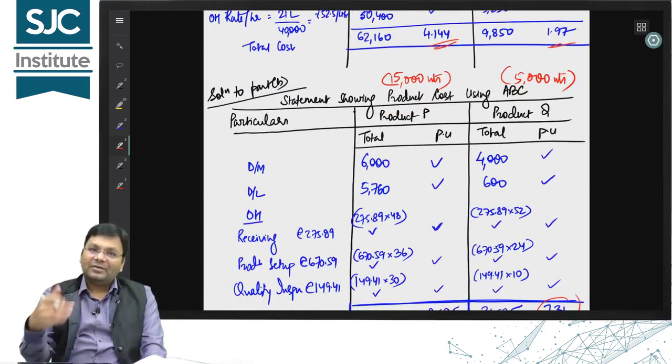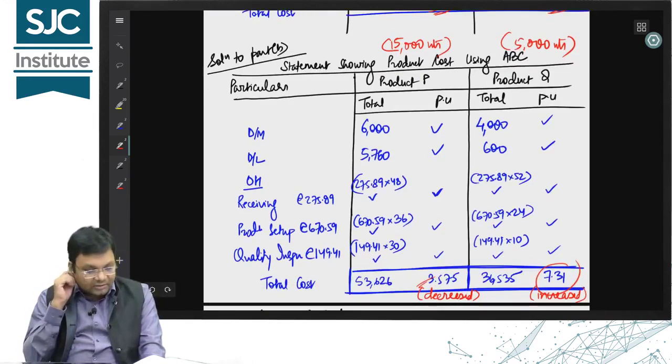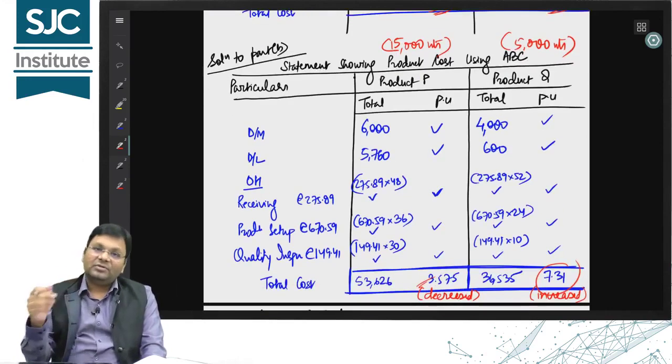When analyze the cost is given, you will say that product P's cost has decreased but Q's cost has increased. This is because P may be using lesser resources. Activity based costing allocates cost as per the resources consumed, so cost has decreased. You have to write a reason about that also.